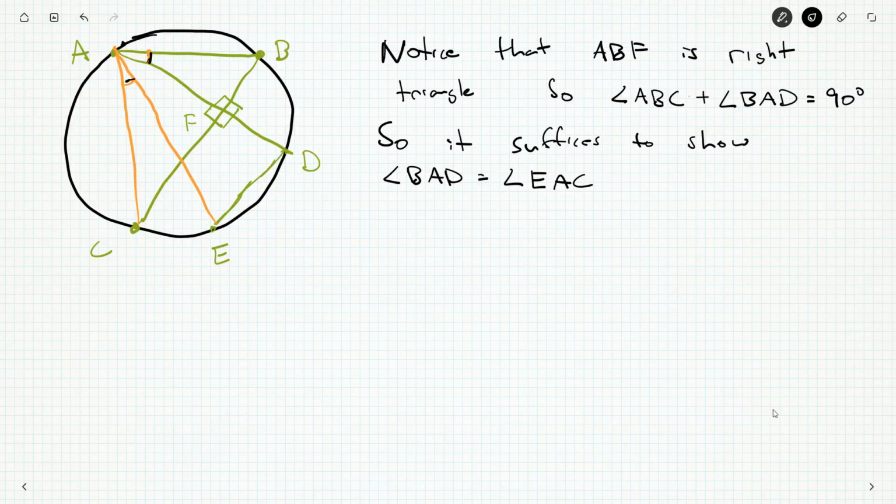I don't know. What can I do? Well, these are angles.